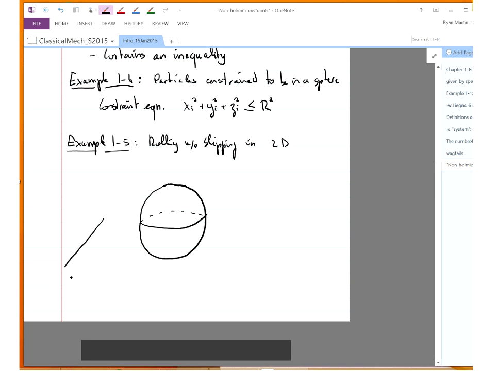And the sphere is on a plane surface. So the sphere here is touching the plane, the XY plane, and constrained to roll around on the XY plane. But so far it's understandable in my diagram, right?